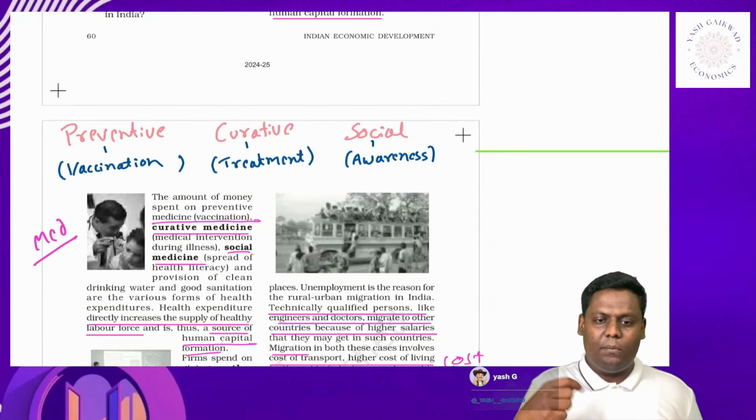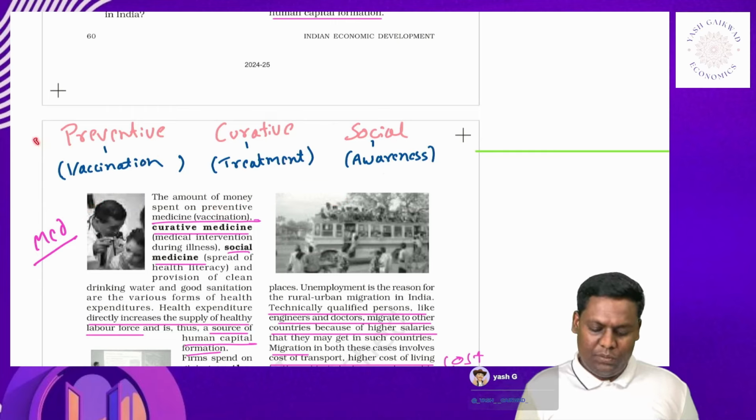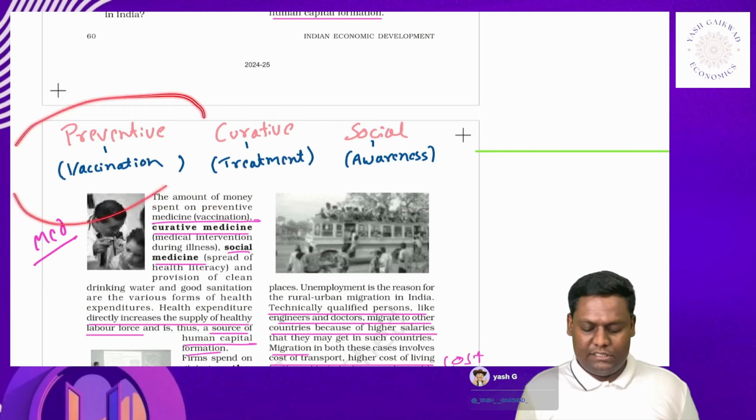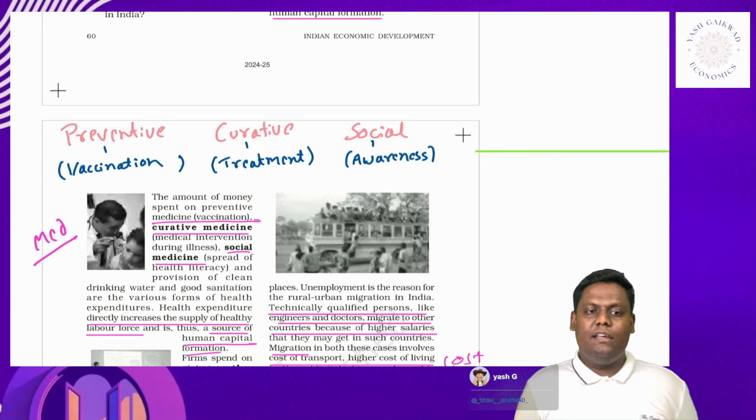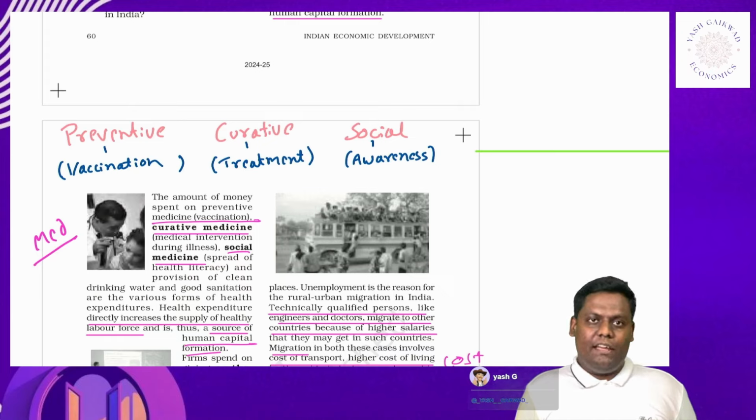Now, let us talk about health. Medicine can be classified in three broad aspects. Number one, preventive healthcare. This is in order to ensure that one lives a healthy lifestyle by providing him vaccinations at a very early stage, so in future he does not suffer from any severe illness.